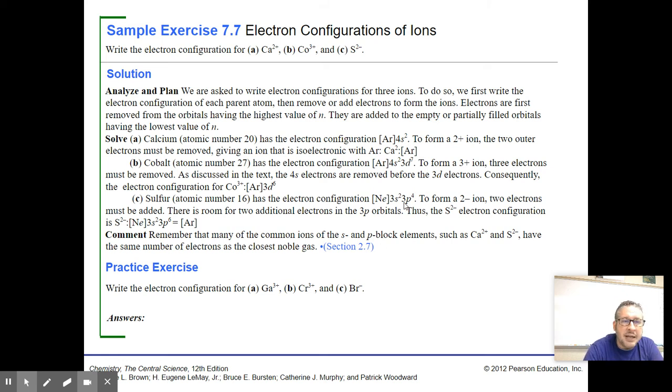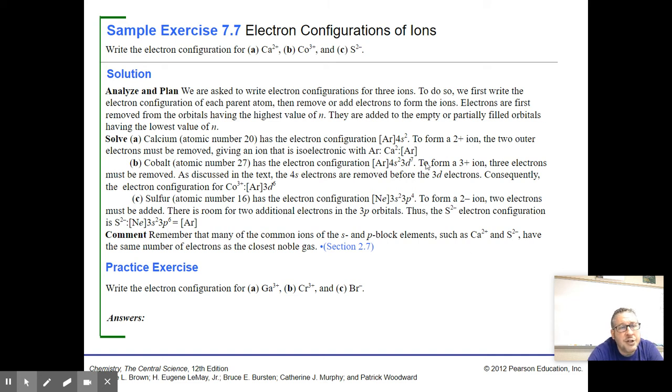That would be the 3p, because there are only 4 electrons in there. Those 2 electrons go into the p orbital. And so the S2- electron configuration will be [Ne]3s2 3p6.